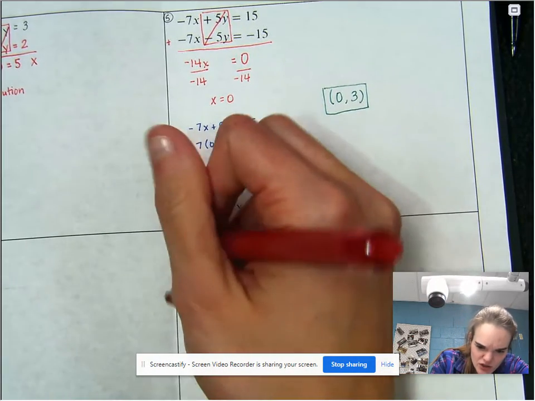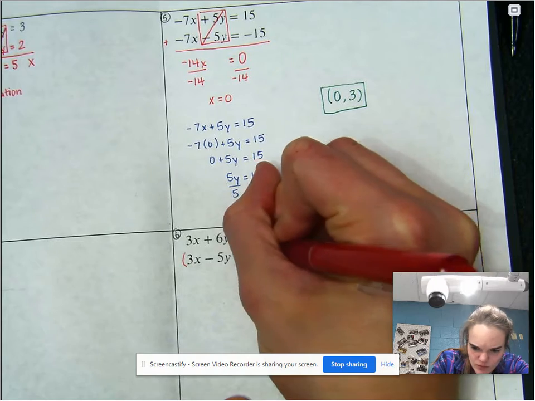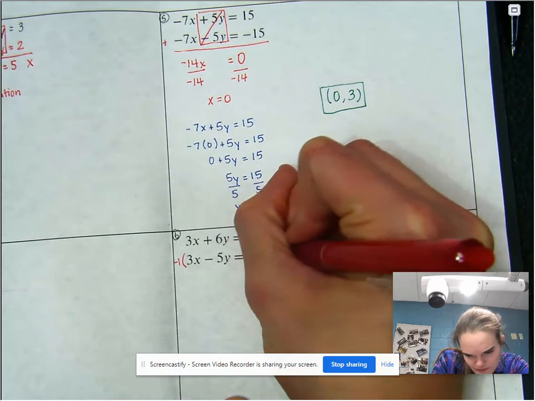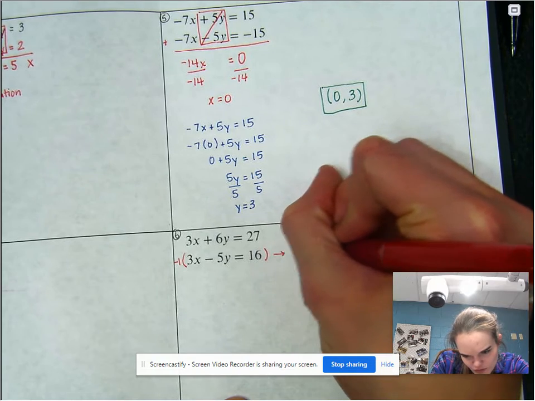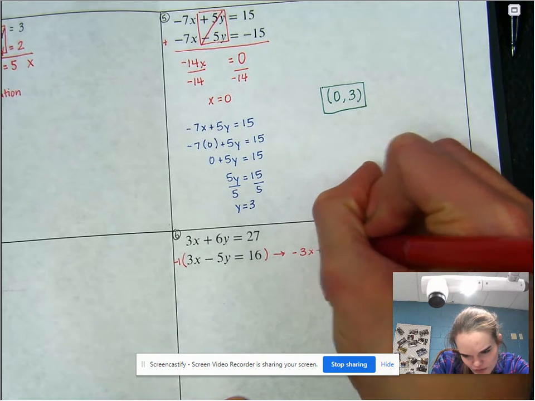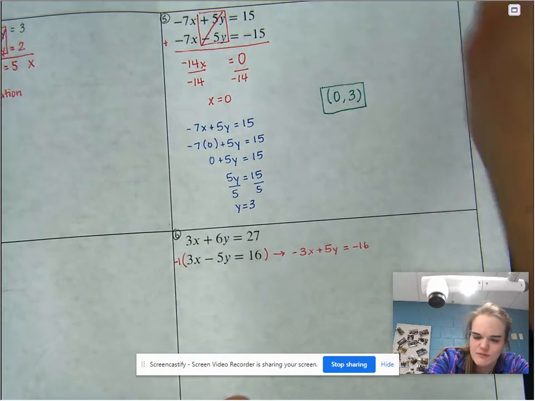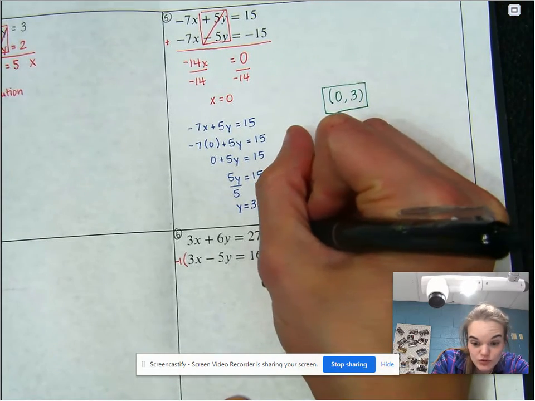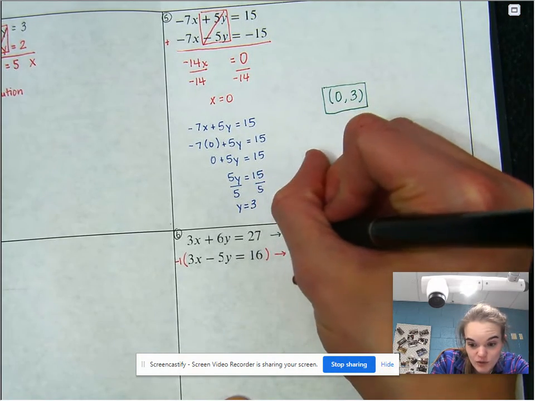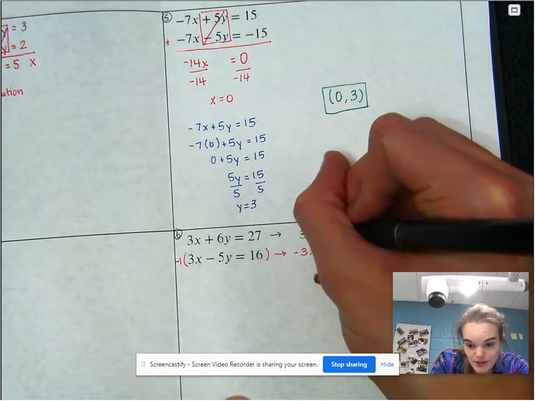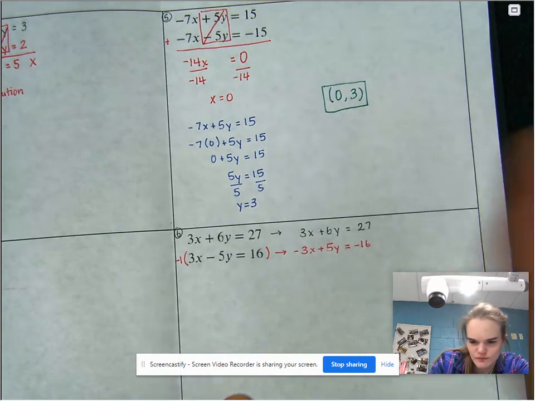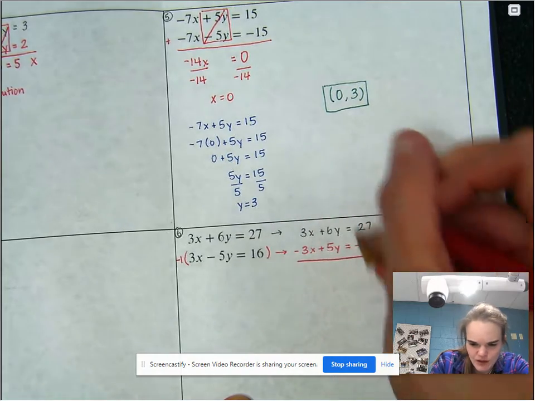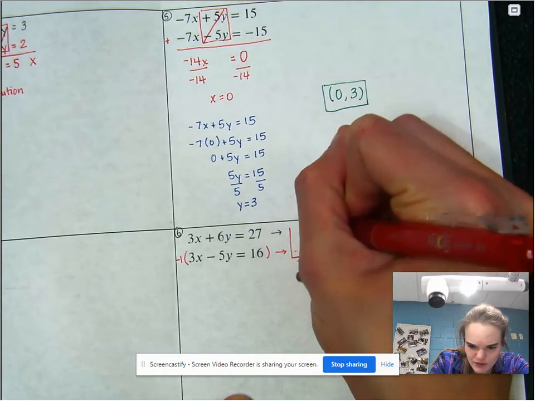We're going to have to change, multiply by -1 on one of these. -3x plus 5y equals -16. I'll rewrite this one. Don't try to do this without rewriting it, or I'm going to not be very happy. I'll make you redo it. Okay, these are the ones that are going to eliminate.